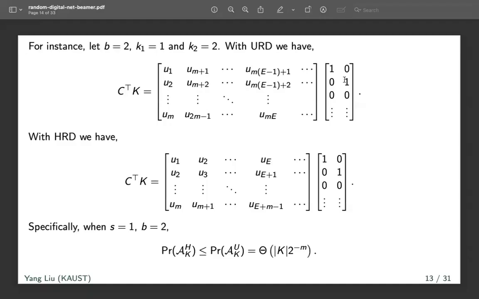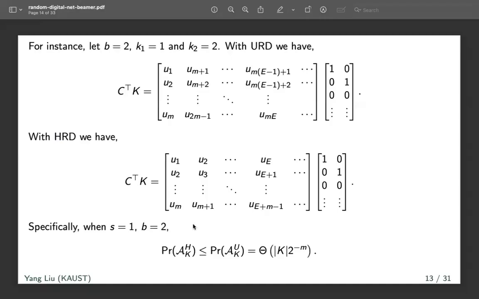So the result of this multiplication will be the first two columns of C transpose. One can see that the dimension of these first two columns is, I think, 2m. So the dimension will be 2m. But with the Hankel random design, this result will also correspond to the first two columns, but the dimension will only be m plus 1.